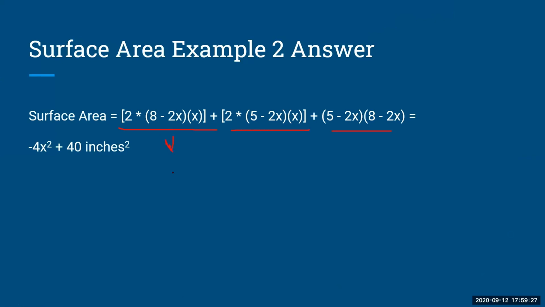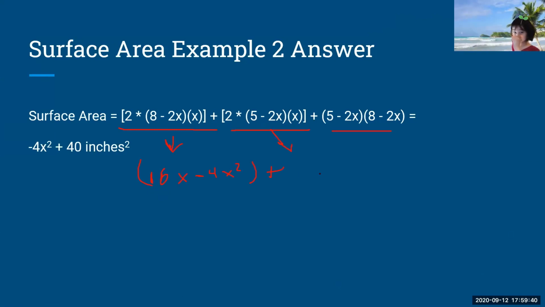So this would be 16x minus 4x squared, plus this one would be 10x minus 10x minus 4x squared, plus, first scenario or last.